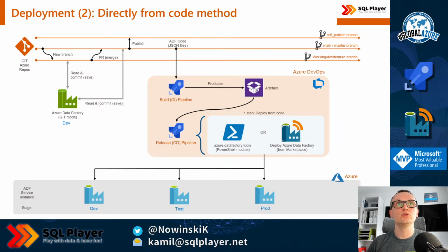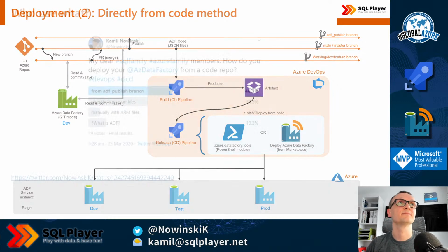In that way, using directly the code of Azure Data Factory, you can deploy it to the target Azure Data Factory instance. In that scenario, you don't even have to worry about the creation of Azure Data Factory. Those tasks will do it for you. With only one line of code, or only one task, you can do everything, even stopping and starting triggers. But I will show you that in a second.